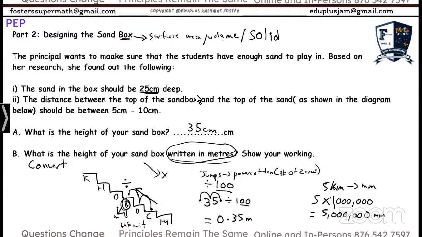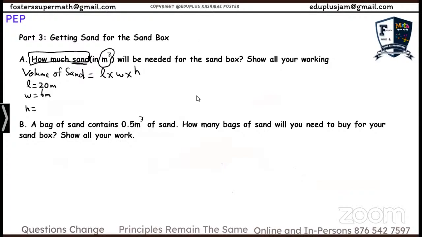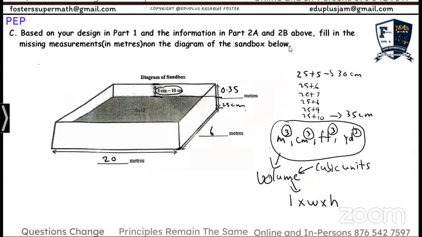All right, so it's 25 centimeters deep, and so what did I just tell you about when you have different units? This is centimeters, but the question deals with meters. Once you see that, you have to convert.